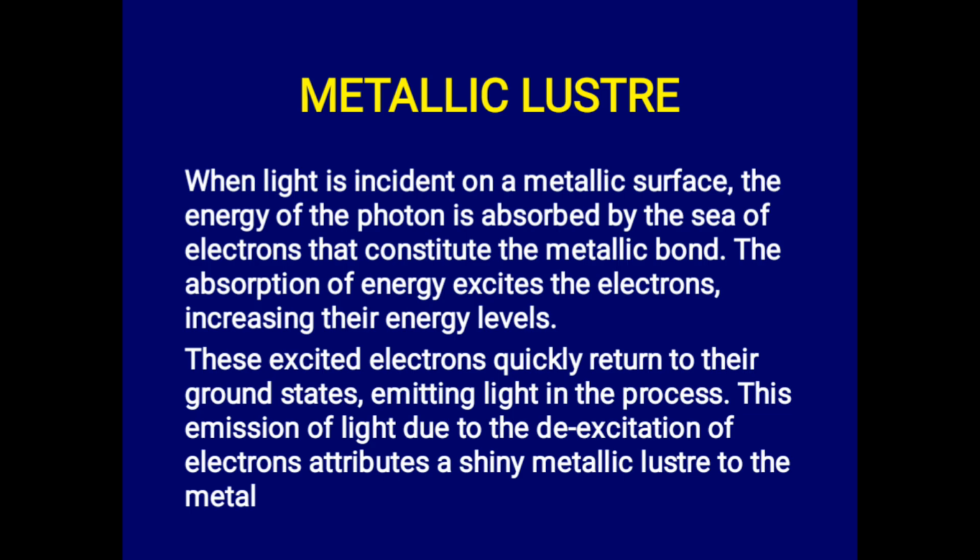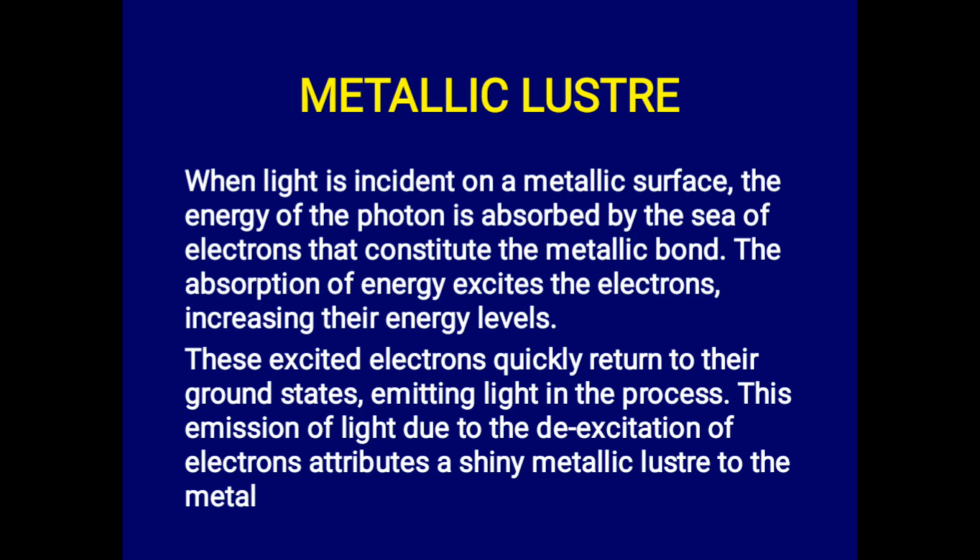Another property of metals is metallic luster. It talks about the shining appearance of metals. When light is incident on a metallic surface, the energy of the photons is absorbed by the sea of electrons that constitute the metallic bond. The absorption of energy excites the electrons, increasing their energy level.